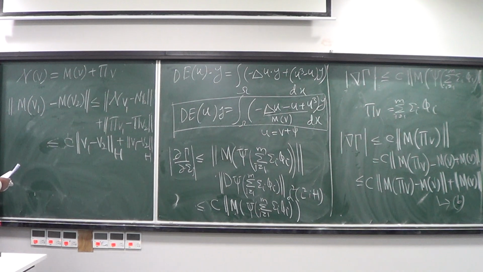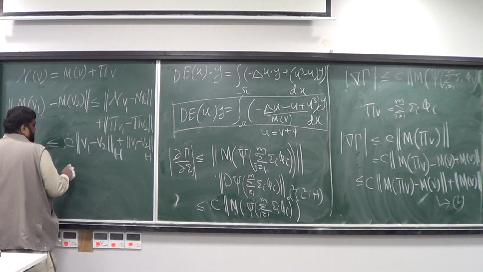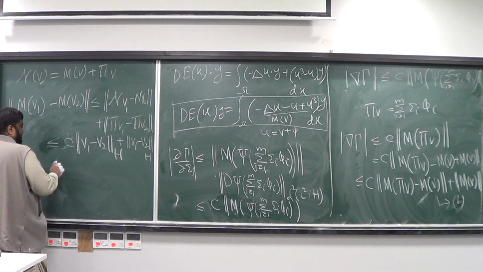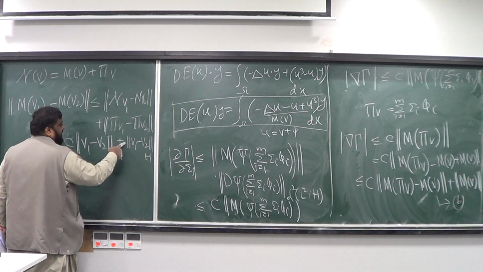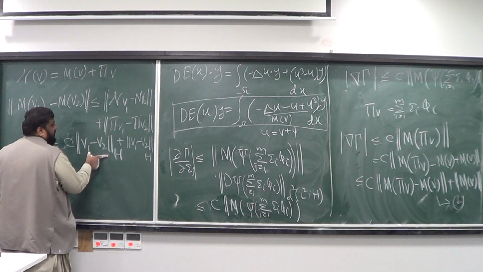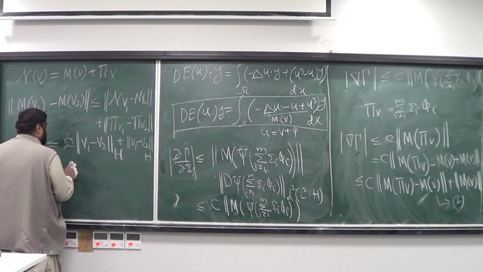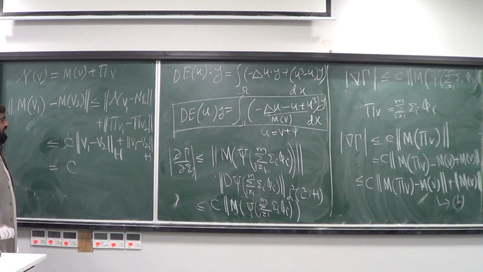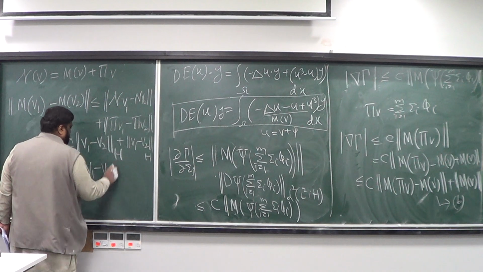So this is going to be equal to the constant C plus 1 times the norm of V1 minus V2, but I'm going to call this constant C plus 1 again the same constant C, times the norm of V1 minus V2.